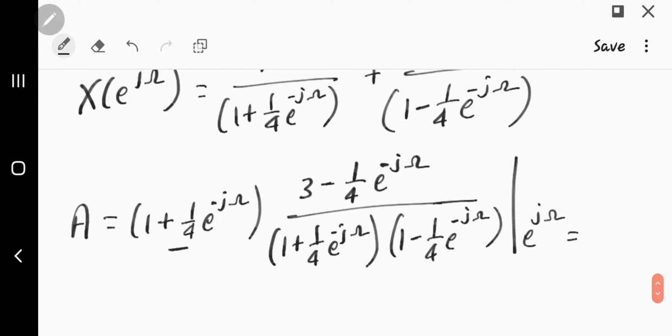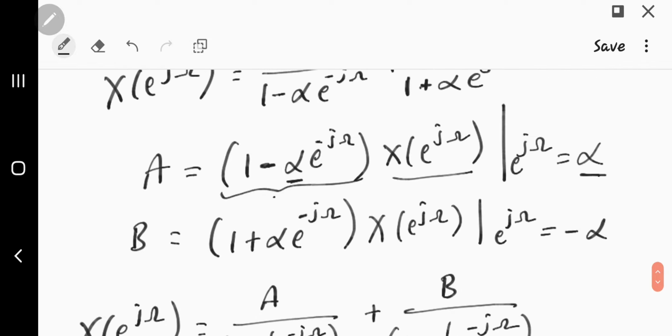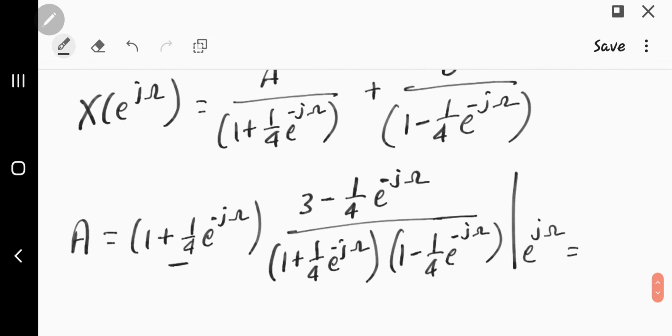Now if you compare this, we have 1 minus alpha e^(-jω), so in place of alpha we have minus 1/4.